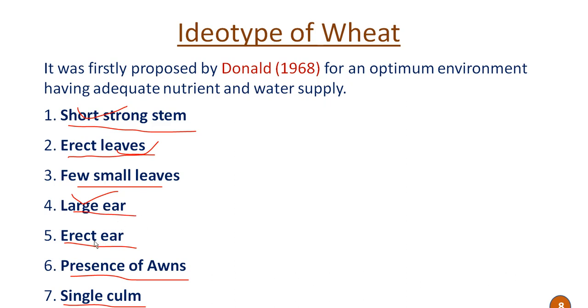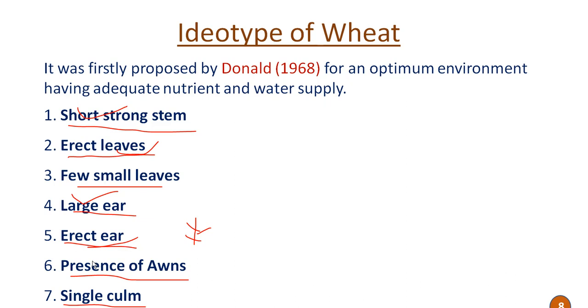Then erect ear: this ensures illumination of ears from all sides and thereby greater photosynthesis. Means if the ear is erect, then there is a chance of illumination from all sides. So this is another important character.